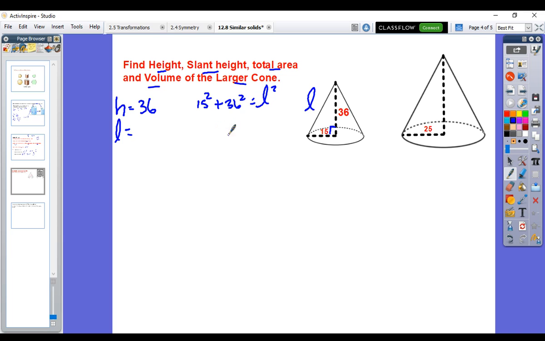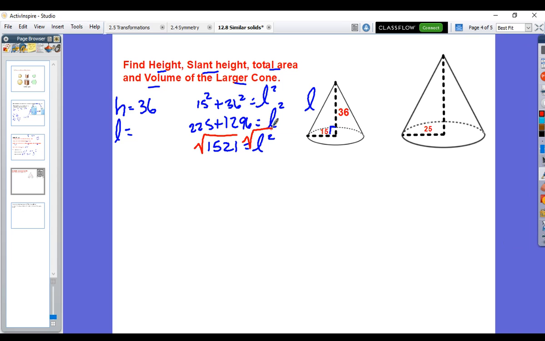As we square these numbers, 15 times 15 is 225, plus 36 times 36, we get 1,296, and that equals our slant height squared. We add those two, plus 225, we get 1521. So 1521 equals our slant height squared. Now remember, from this point on, to find our slant height, we square root. So you get rid of a square. That cancels out, leaving it just L.